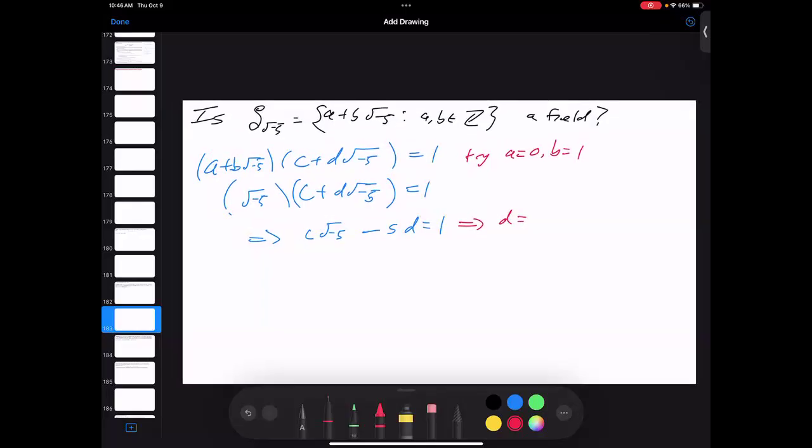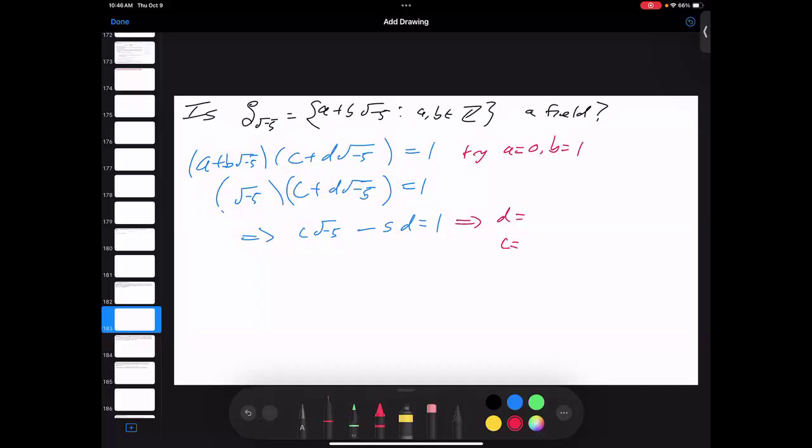What does C have to equal? How many square root of negative 5s do I have on the right-hand side? None. So C has to be 0. What does D have to equal? I need negative 5D equals 1. D has to be negative 1/5. So this is impossible.